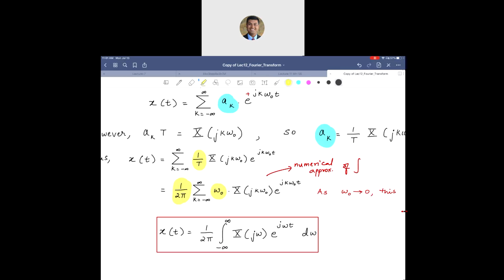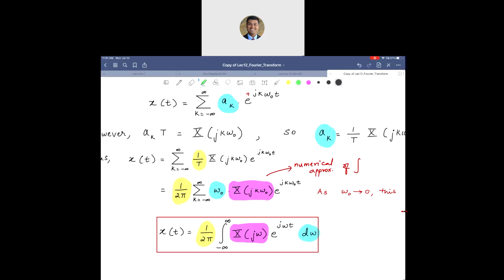So let me color code this. Let me use maybe blue here and pink here. So this becomes pink and omega, that becomes blue, that becomes yellow. What are the other colors I have?